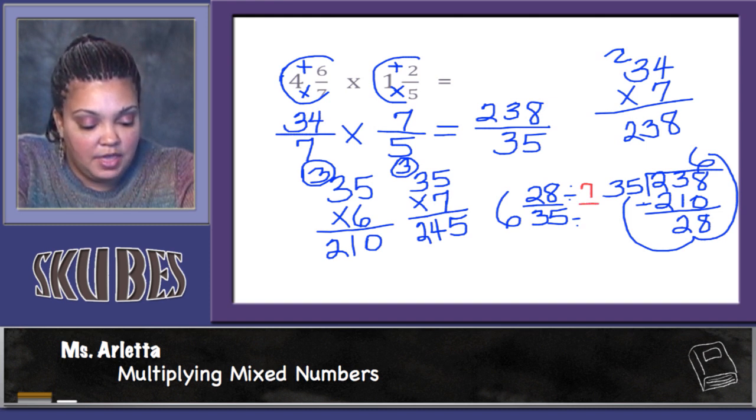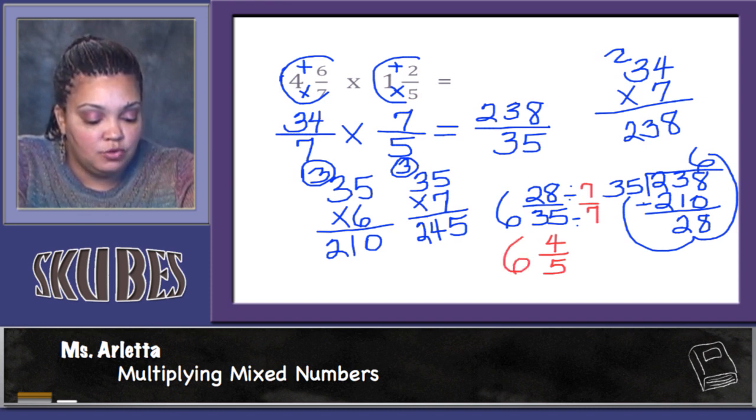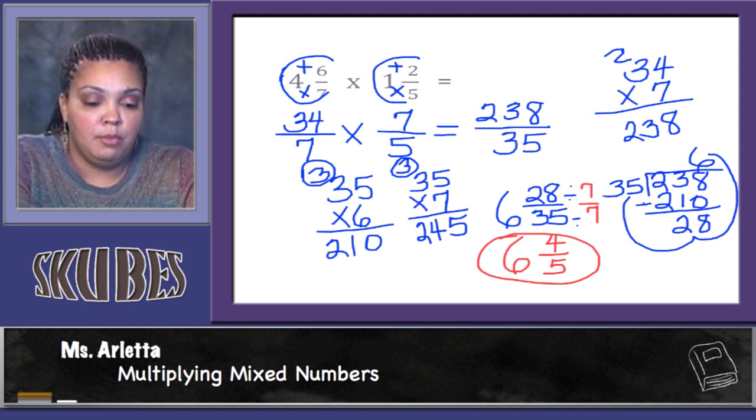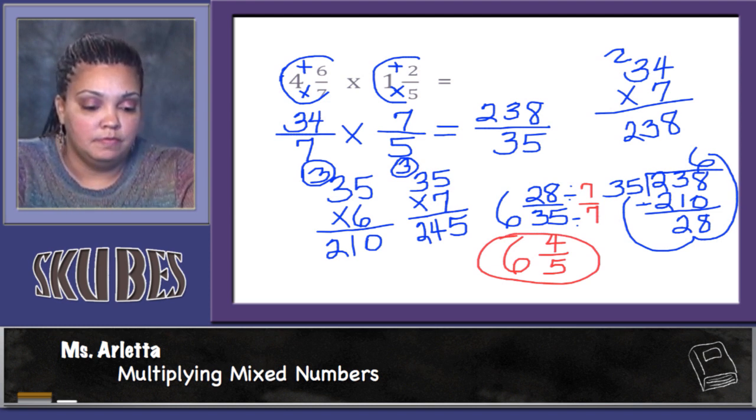The common factor that they have here is 7. 28 divided by 7 is 4. 35 divided by 7 is 5. And of course you need to bring down your whole number of 6, which gives you a final answer of 6 4/5. And you're done with that multiplication problem.